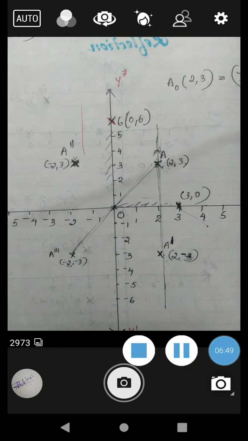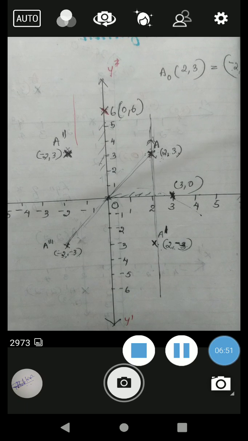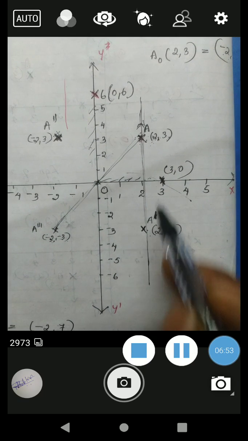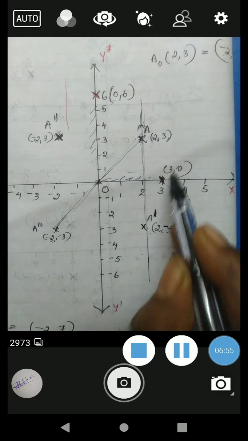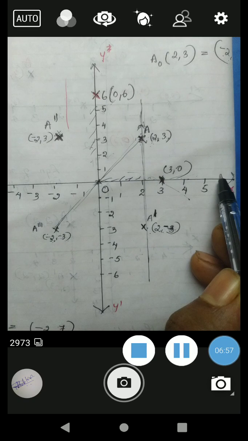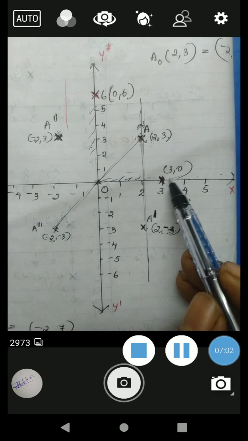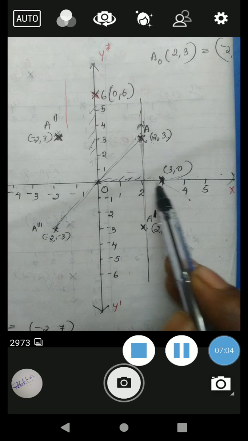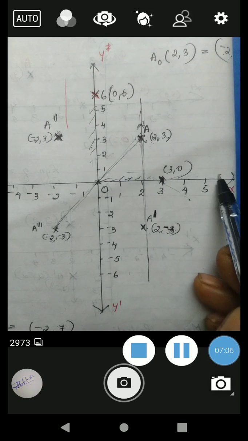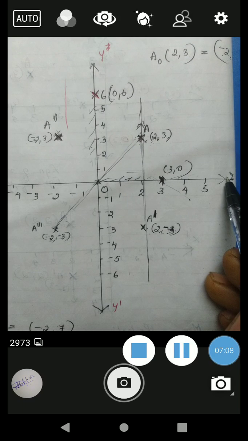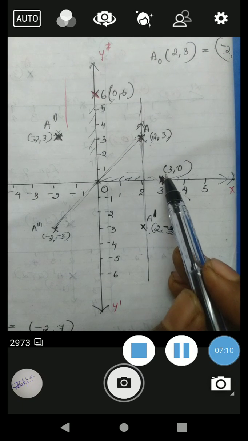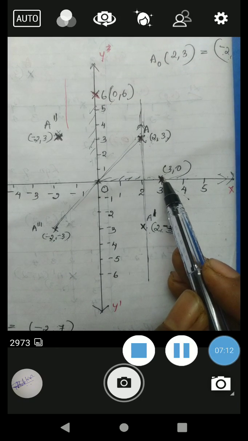Remember all these things. Suppose this point (3, 0) is reflected in the x-axis itself, so there is no change in that point because that point already lies on the same axis, the same line. This point is known as an invariant point.